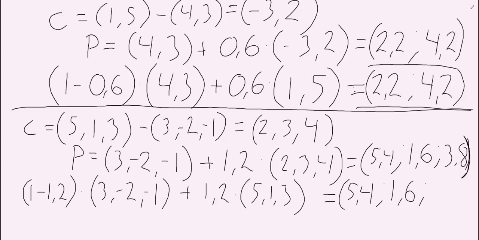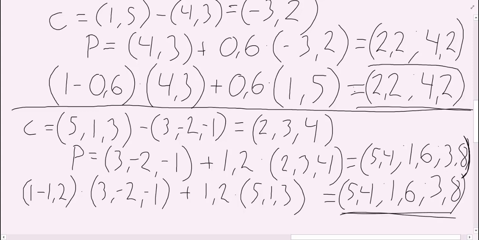And then finally we have minus 0.2 times minus 1, that's 0.2, plus 3 times 1.2, which is 3.6. That's 3.6 plus 0.2, 3.8. So same result in both cases, just different method.